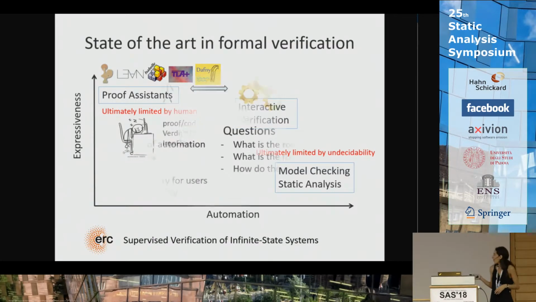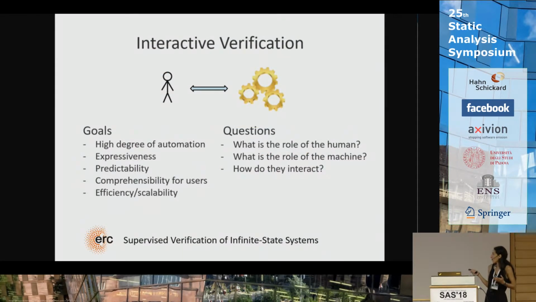And what this talk is about is trying to find some new trade-offs in this space by interactive verification. Okay, so in interactive verification, we have the user, the human user, and we have the machine, solver, or whatever automatic procedure that we want to use. And the idea is we want to somehow divide the verification task between the user and the machine. And what we would like to have is still maintain a high degree of automation.